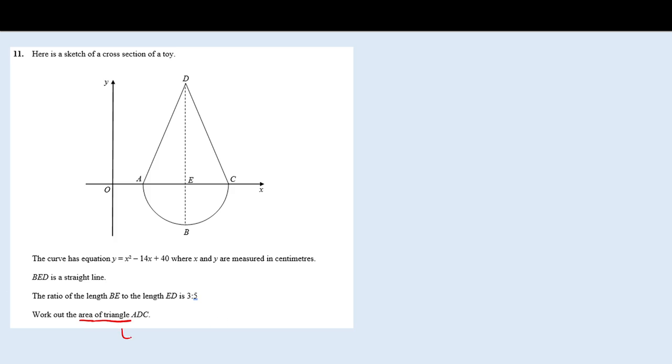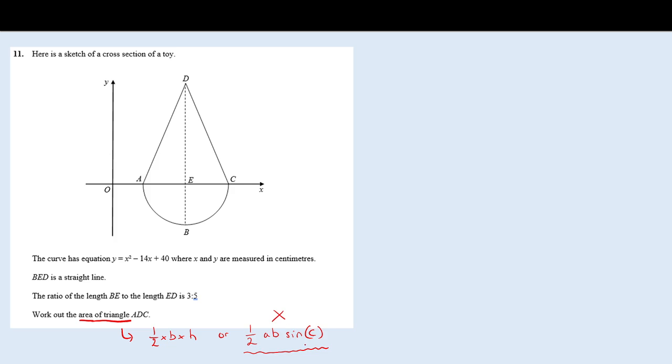Now, two ways of doing that. Half base times height. Or, if we're going for the trig route, ab sine C. Now, I don't have any angles involved, so this second route looks a little bit unlikely.